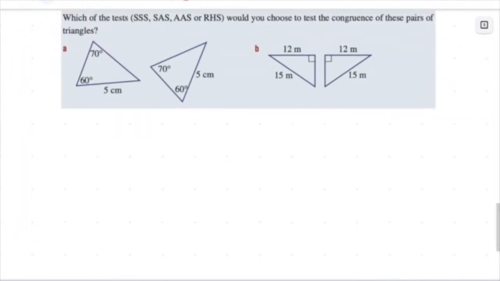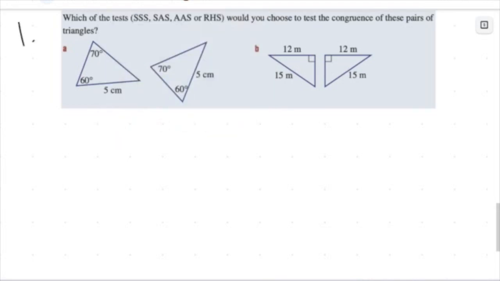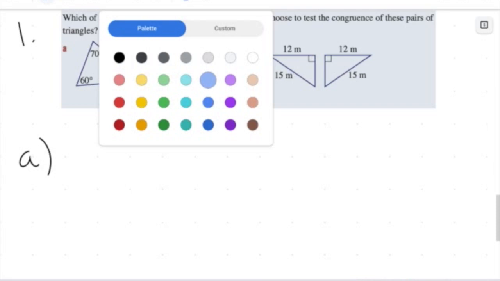So try to go through these really quickly because I'm sure I've gone over time. I want to look at question A. We want to write which of these tests would be used to test the congruence of these pairs of triangles. Now, all this is a matter of is just locating what information we've been given and writing which proof then tells us that they're the same. So if you've really understood what we've talked about so far, you shouldn't have too much of a problem with these ones.